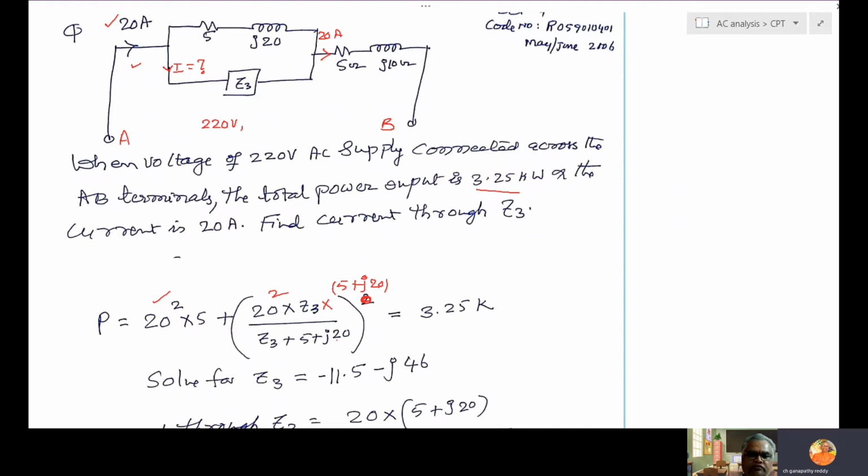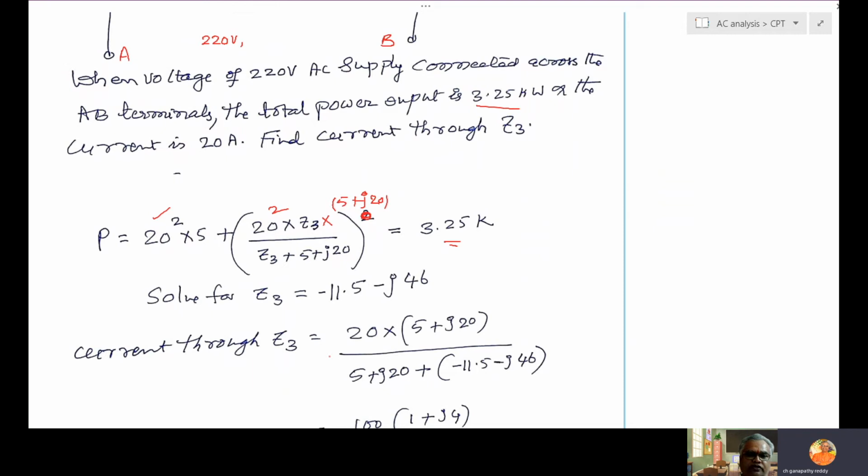These two are parallel. This is the Z equivalent, the total impedance. In this total equivalent impedance, how much current is flowing? 20. So 20 square into the equivalent impedance is the power dissipated here. This, plus the power dissipated in the 5 ohm, is equated to 3.25.